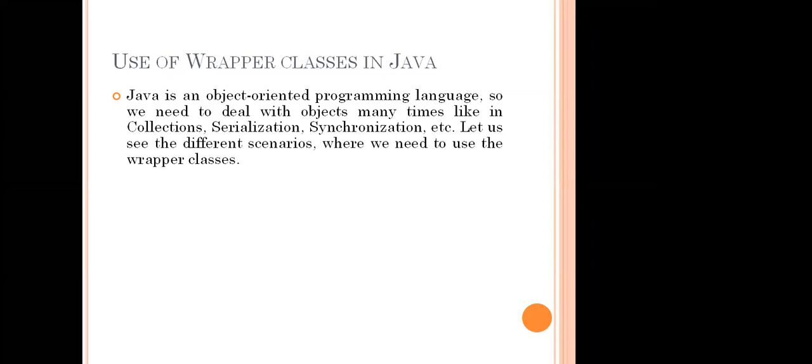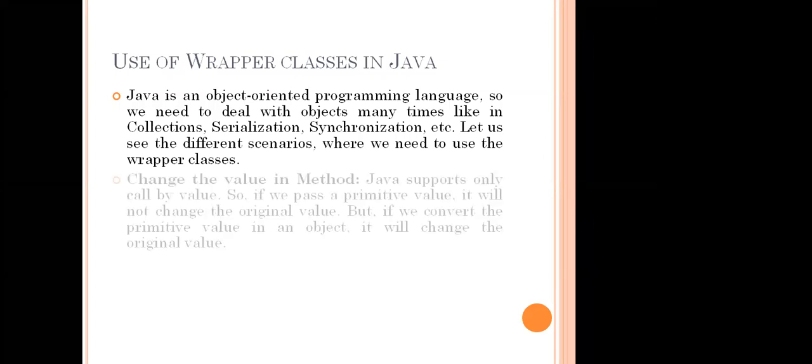But here we must create a class, and only then can we run or compile a Java program. Same here, I think you know collection, serialization and synchronization. As part of the syllabus, we will talk about serialization in the upcoming slides. So let us see some different scenarios where we can use these wrapper classes.